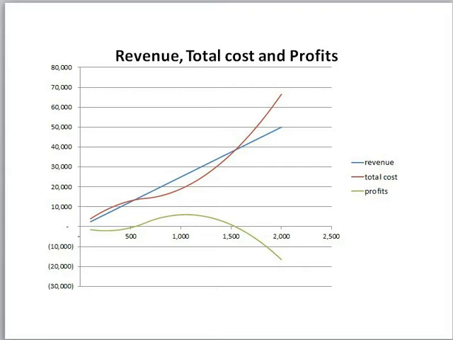Now, from the class of calculus, you can see that we are going to achieve that point precisely when the slope of the blue line, the revenue, and the slope of the red line, the total cost, are the same.